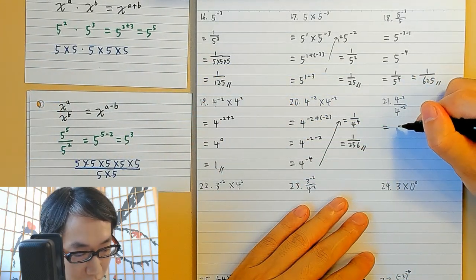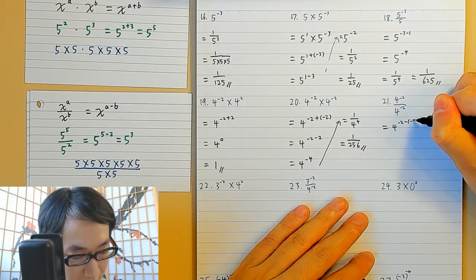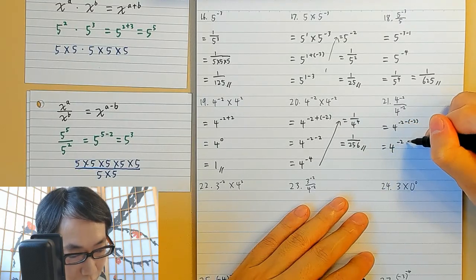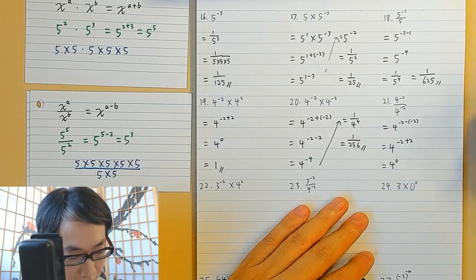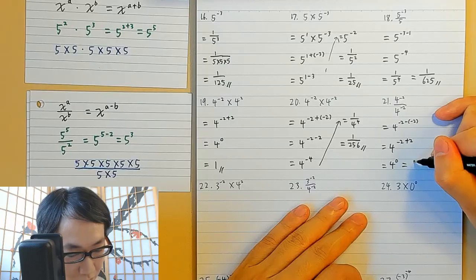This equals 4 to the power of -2 minus -2. This is 4 to the power of -2 plus 2. So it's 4 to the power of 0. And similar to here, it is 1.